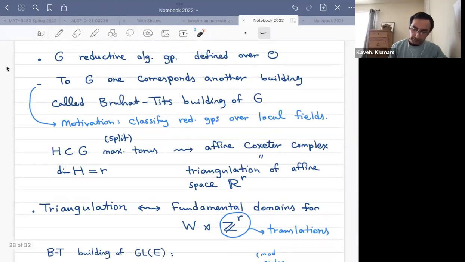So you can associate to a reductive algebraic group defined over the valuation ring of this valued field a Bruhat-Tits building.